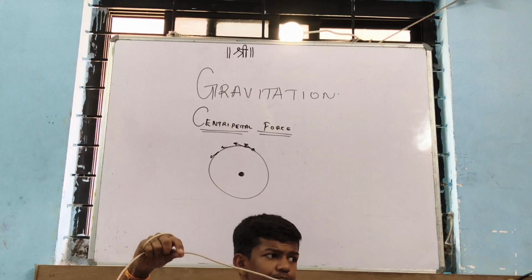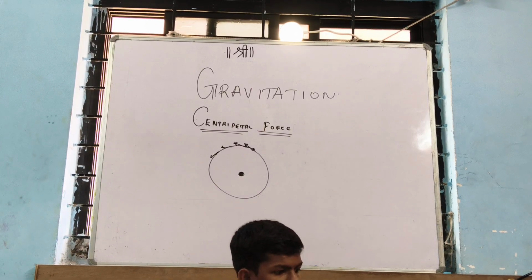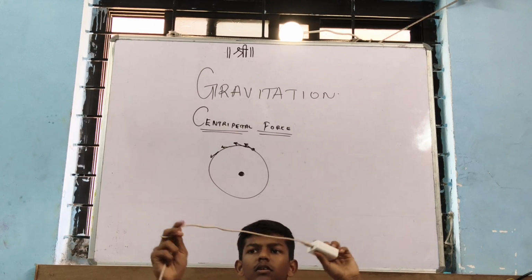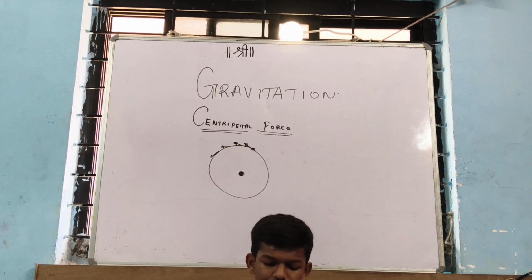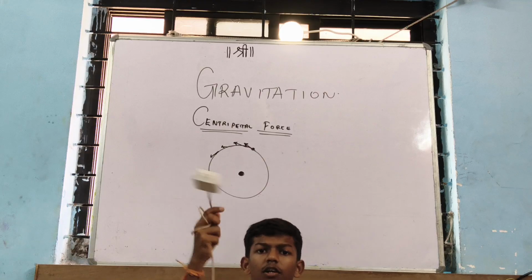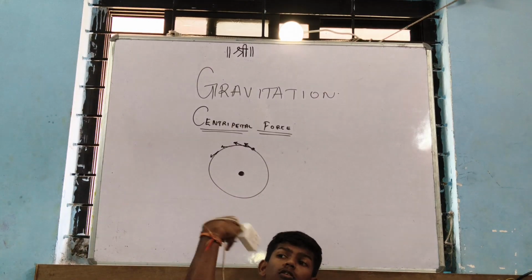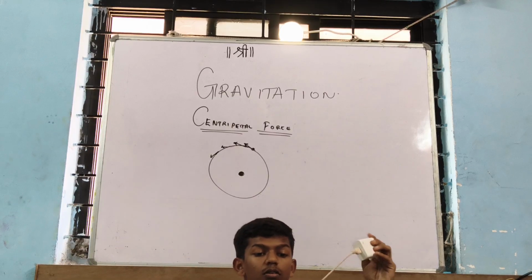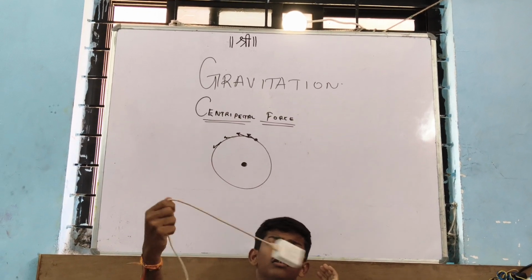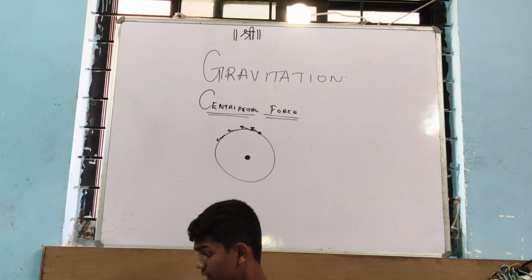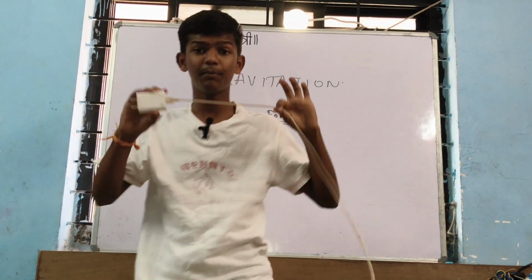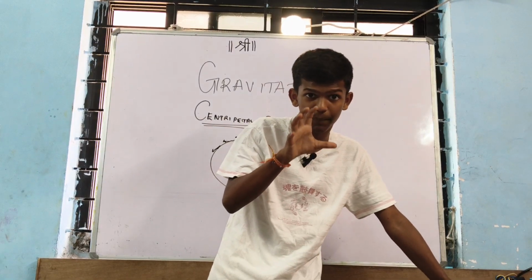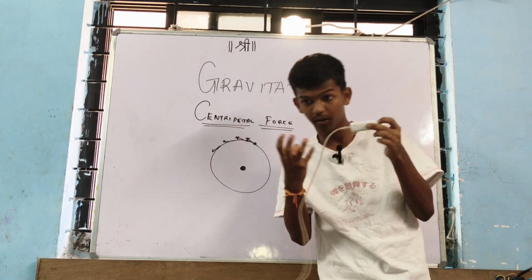Let me show you one example. One, two, three, start, go. See, if I leave it now, it will move in the same direction, unless the force is applied by the center, by the earth to the moon.